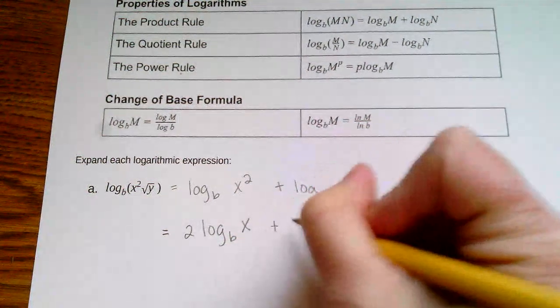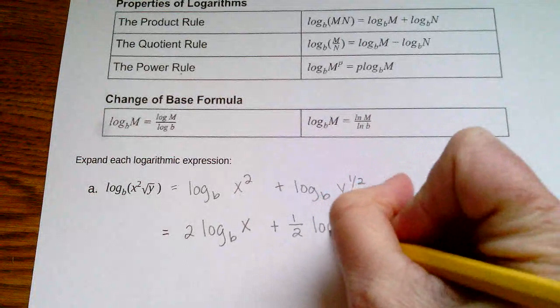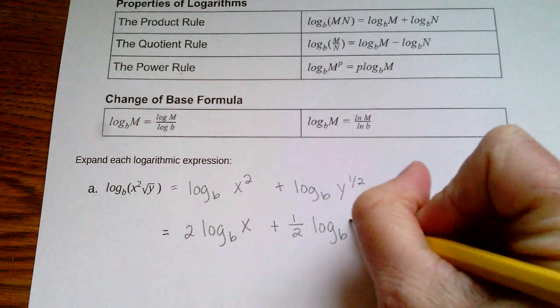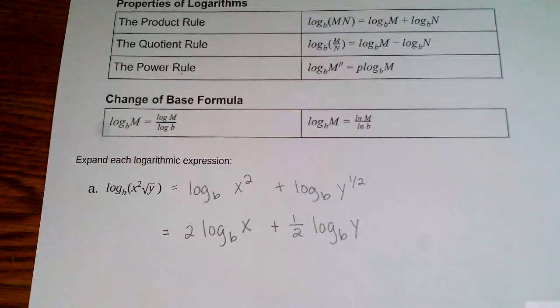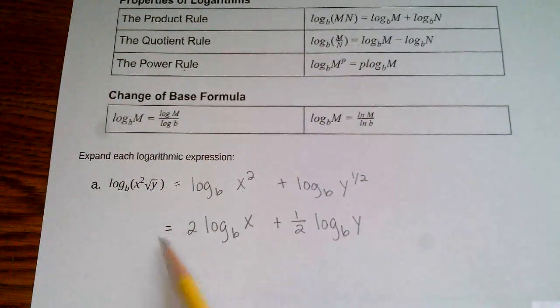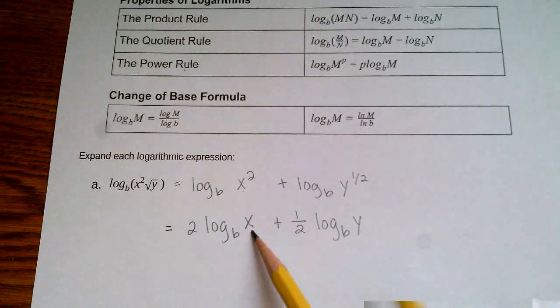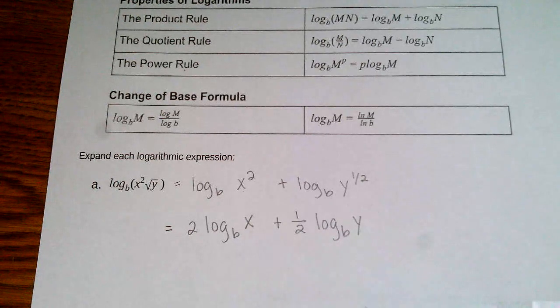Similarly, I'm going to bring down the 1/2 in front, keep the log expression, and keep the y. So this is fully expanded because each of my arguments doesn't have a product or a quotient, and it doesn't have an expression raised to a power. So this is how I know I'm completely done.